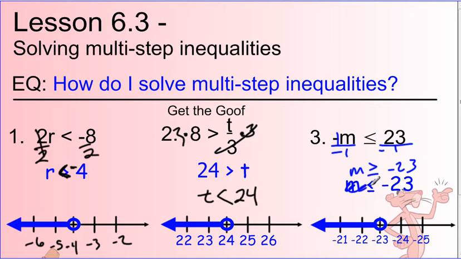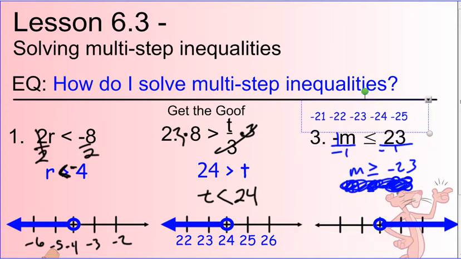So unfortunately, this one's not correct because they did not change the direction of the inequality, and that means their arrow is going to be facing the wrong way. We should have that. And let's check out their number line down here. These are wrong. Negative 24 is not bigger than negative 23. It's actually smaller. So we should have negative 23, negative 22, negative 21, negative 24, and negative 25, like that.